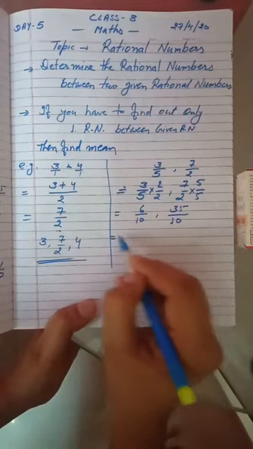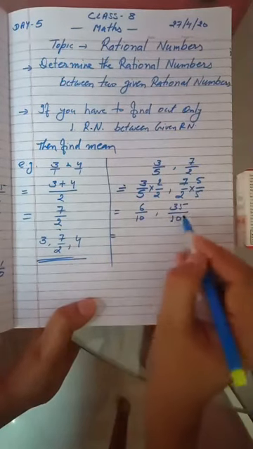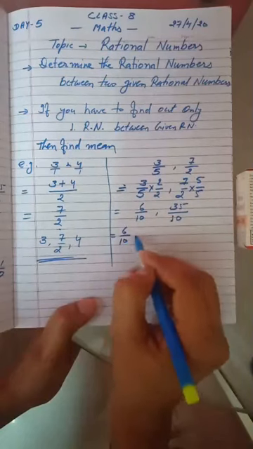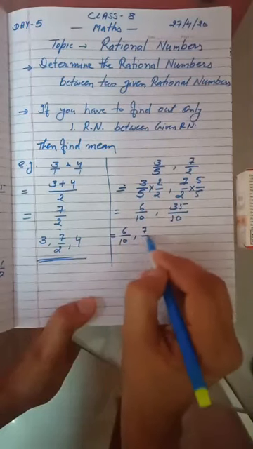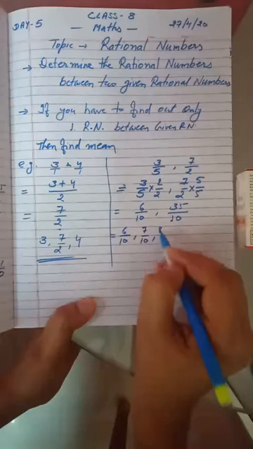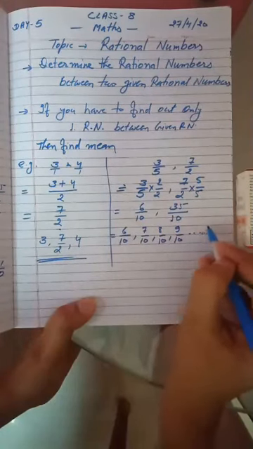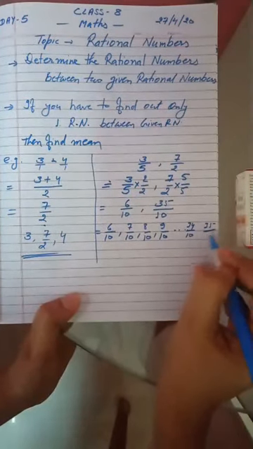Now you can find so many numbers between these two numbers. This is 6 upon 10, then 7 upon 10, then 8 upon 10, 9 upon 10, up to 34 upon 10, and then 35 by 10.